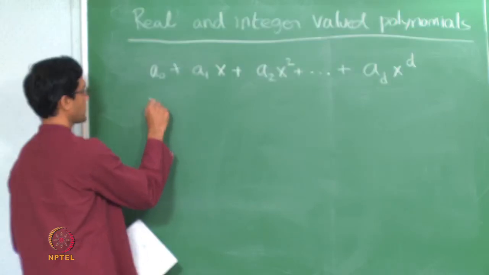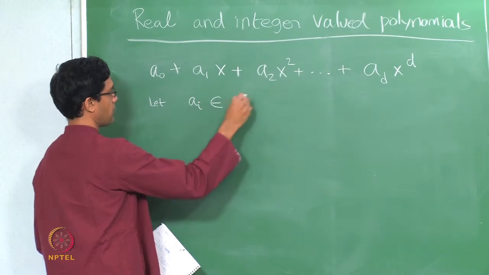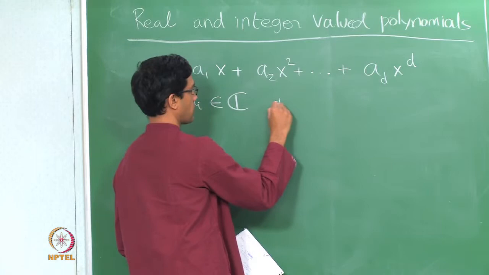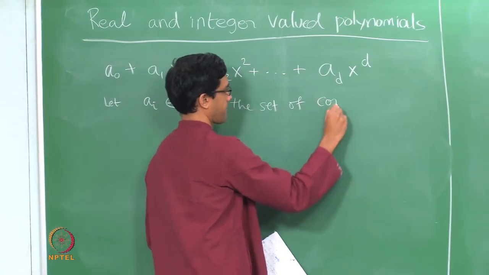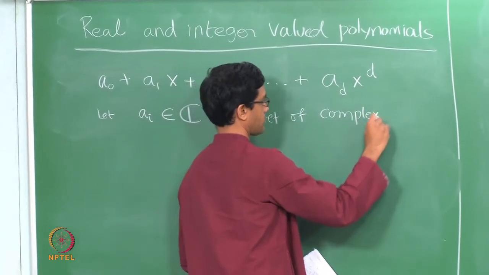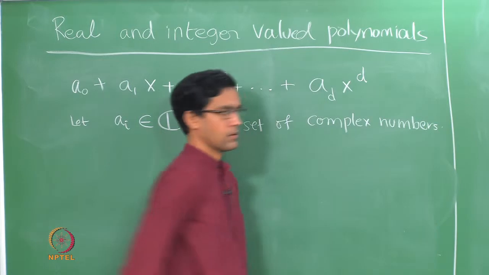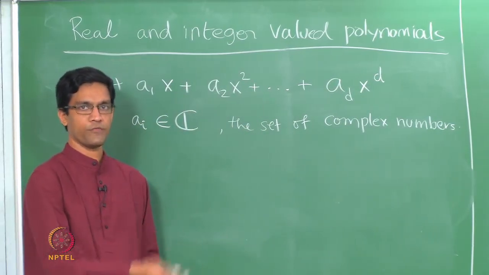So let us assume that the ai belong to C, which is the set of complex numbers. We will just call these complex polynomials, where all coefficients are complex.